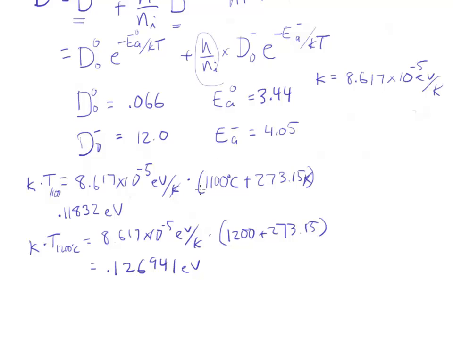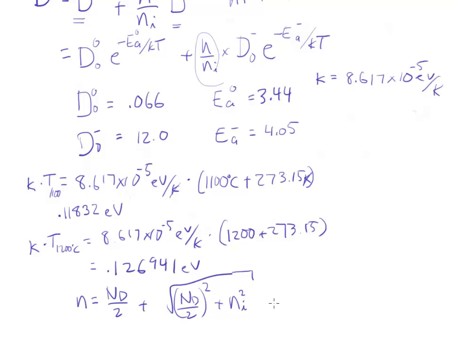Okay, so given those two values, the one thing I have left is this n over n sub i, so I have to figure that out. Now it turns out that n equals nd over 2 plus the square root of nd over 2 squared, plus n sub i squared.